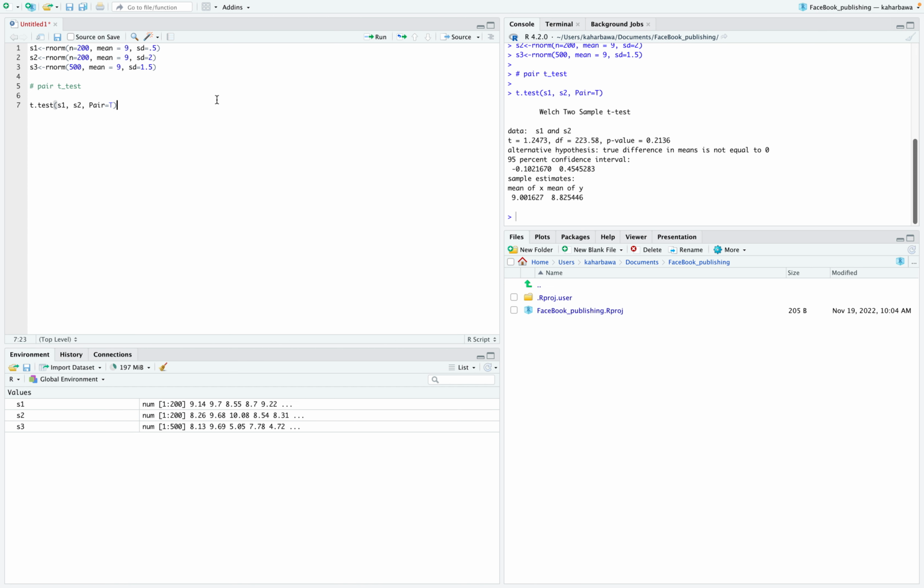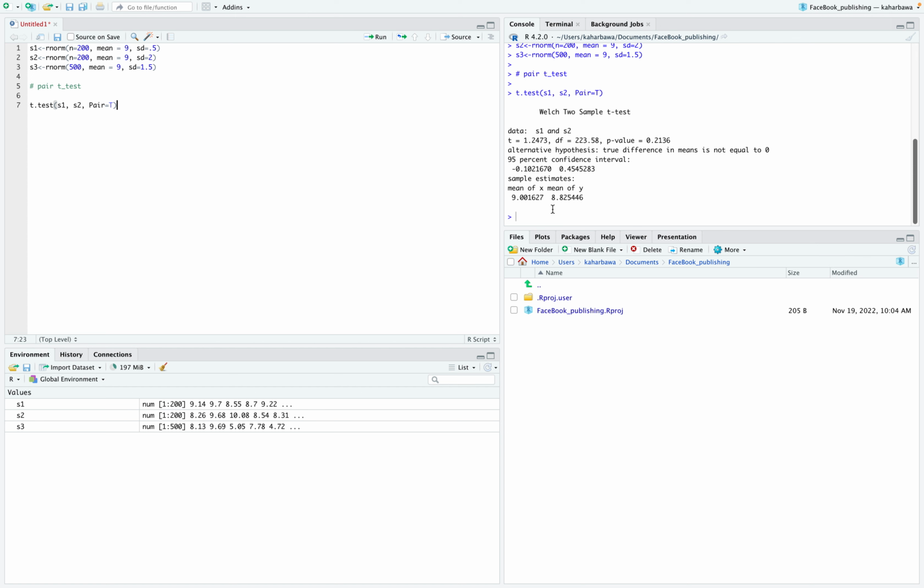Now it's very important to know, if you want to run a paired t-test here, it's very important for the two samples to have a normal distribution. If your samples don't follow a normal distribution, you cannot use a t-test. So you have to use another test that we are going to explore right now, which is the Wilcoxon test. When your samples don't follow a normal distribution, the right test is the Wilcoxon signed rank test.